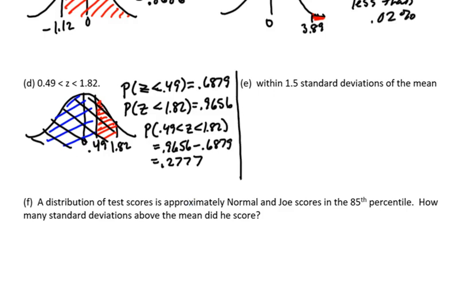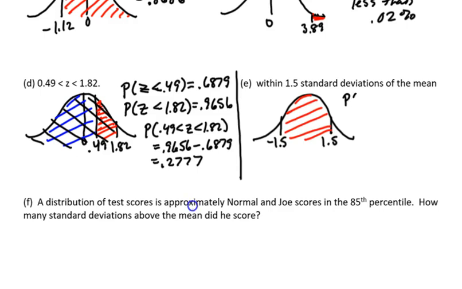What's the probability that we are within 1.5 standard deviations of the mean? Okay, so that would be that we're within negative 1.5 and positive 1.5 standard deviations of the mean. So we can do the same thing. We can find the probability that Z is less than 1.5 and the probability that Z is less than negative 1.5 and subtract them.